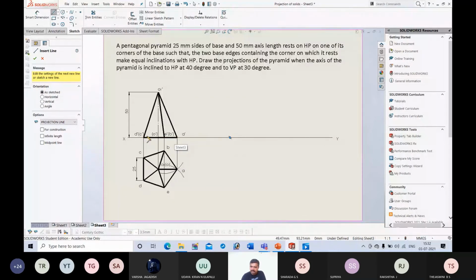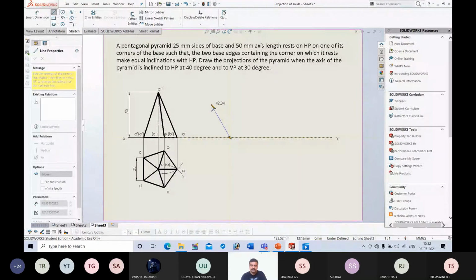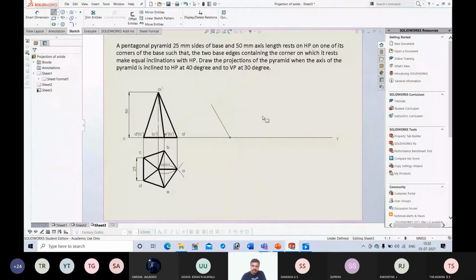You start from the base. First draw a line inclined at 50 degree. The reason is, if you make the base inclined at 50 degree, automatically the axis will get inclined at 40 degree. You will understand that after the construction procedure. The angle should be 50.